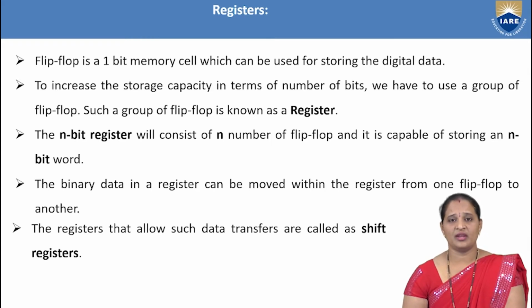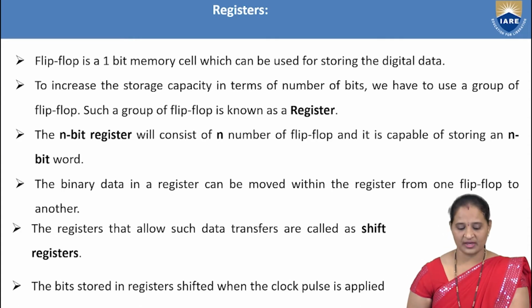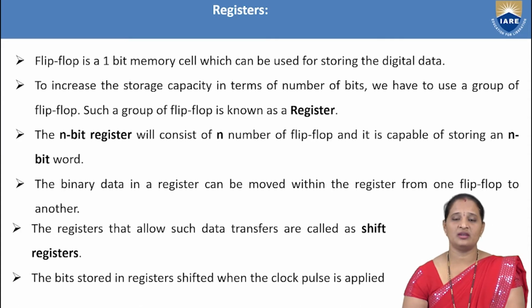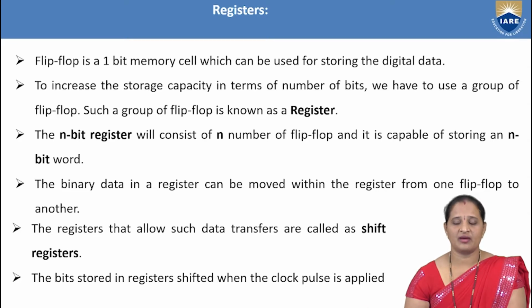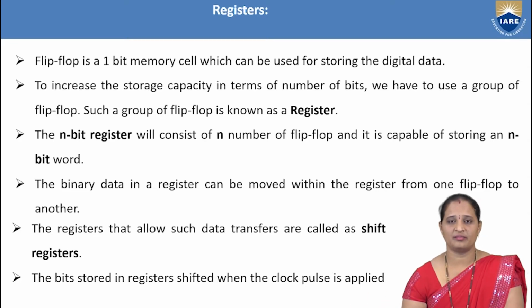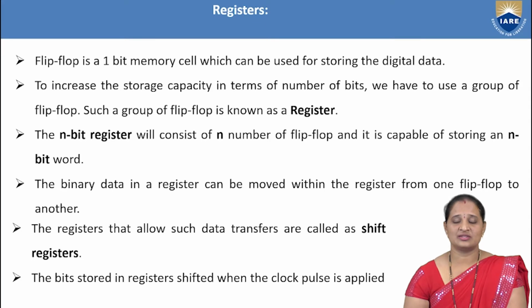The shifting can be done in either direction, that is either from left to right or right to left. So the register which allows a shift of data from one flip-flop to the other is known as a shift register.